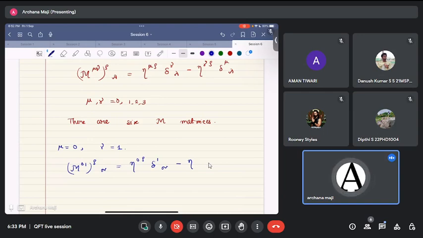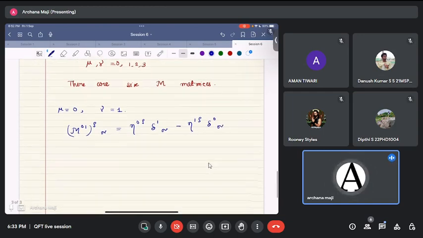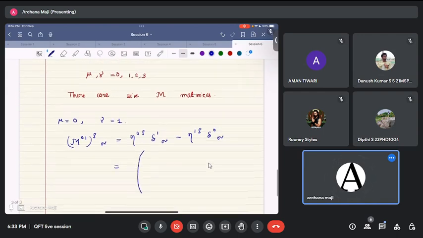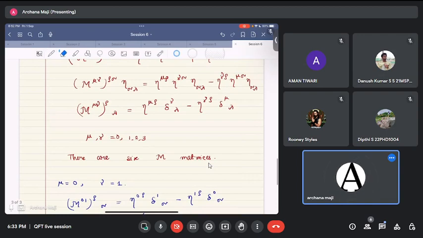Just stop me at any point if you are not following anything. Okay, so let's write down the corresponding matrix. Mu nu goes from 0 up to 3. Likewise, rho lambda also goes from 0 up to 3.